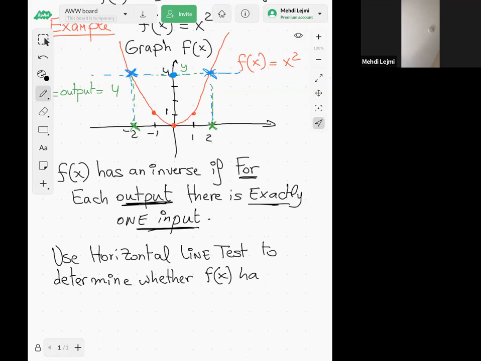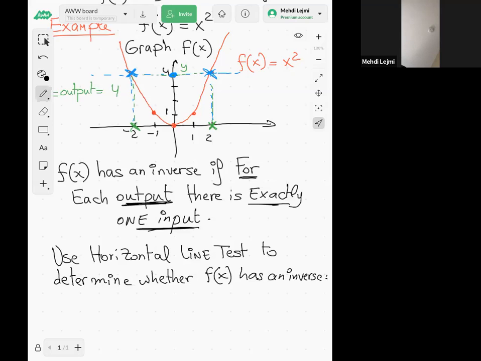So how does this horizontal line test work?